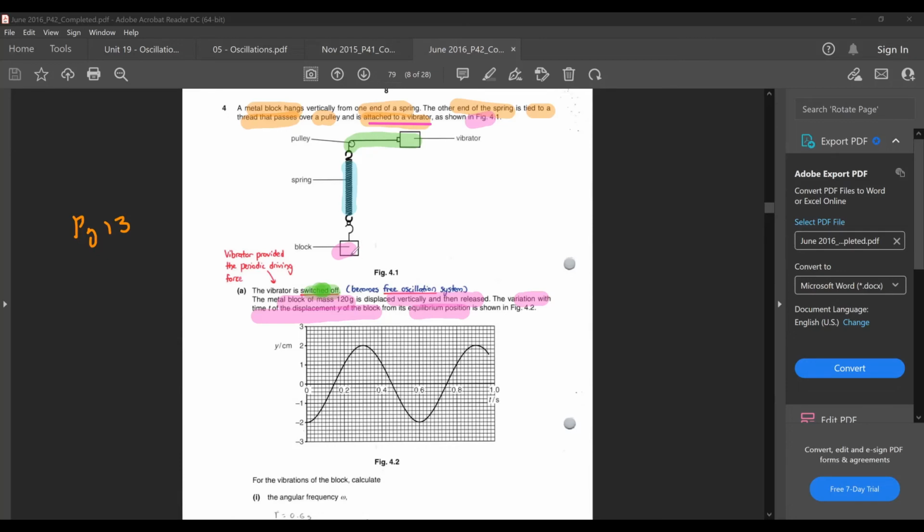So logic again will tell you your mass will just oscillate up and down. In your case right now, when your mass is oscillating up and down, it's actually under a free oscillation system. Your vibrator is switched off. It is not causing the oscillation of the block itself, so it cannot be forced oscillation. Instead, you gave it an initial disturbance and then it started oscillating by itself. This is free oscillation.